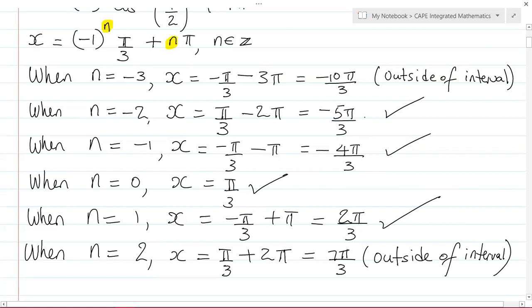So how many solutions do I have inside of the interval? 1, 2, 3, 4 solutions.